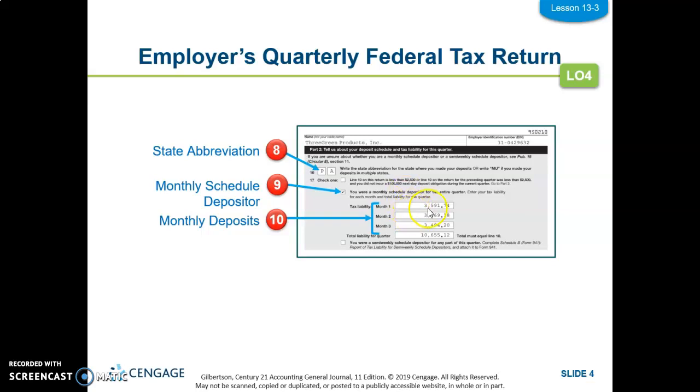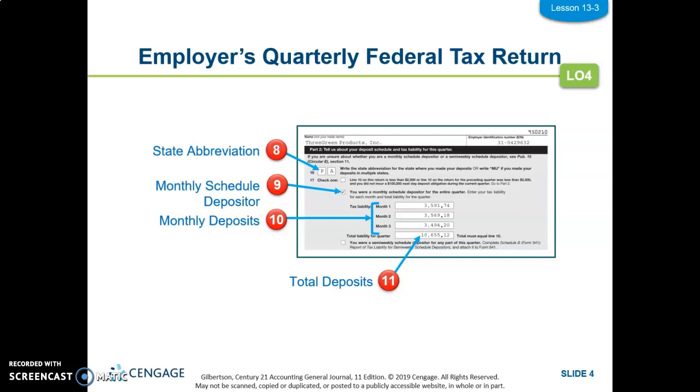And we took all those monies and we sent them and paid them, and they consider that a deposit. So this is all the amounts that I paid for that quarter to the government already, and I add those up. So that's the Form 941 on the employer's quarterly federal taxes.